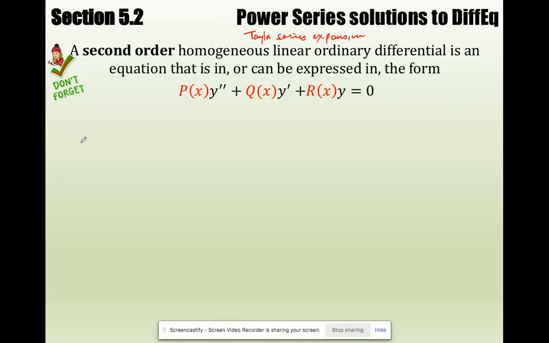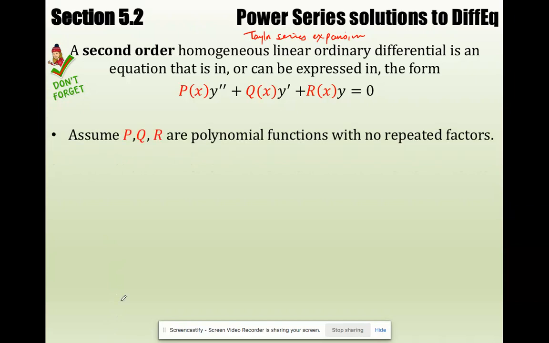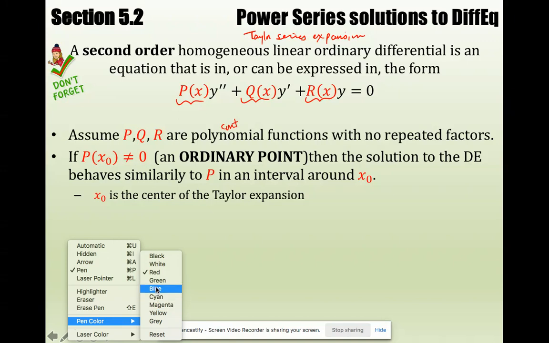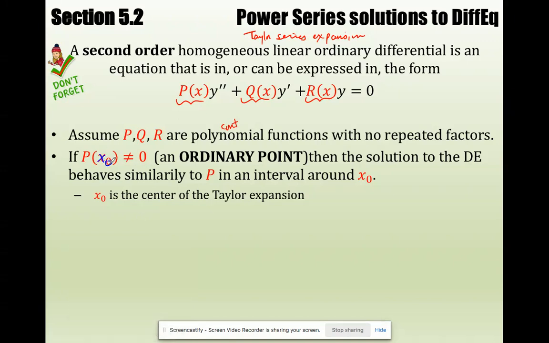So first, let's recall what we did say. We assumed P, Q, and R were polynomials, and polynomials are continuous with no repeated factors. And I gave you some vocabulary: if you plug in a certain value of x, which you are going to use in the series expansion as the center, and there are no x's that make this first polynomial equal to 0, we can go on with our business, right? x sub 0 is the center.